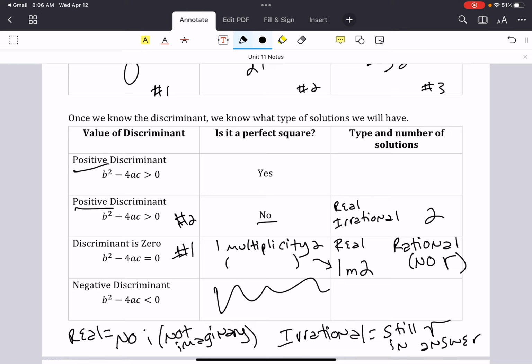Anybody remember? 2 of the same answer. 2 of the same factor. So close. 2 of the same factor. It's when we factored them and the parenthesis happened twice. So the multiplicity 2 means 2 of the same factor.